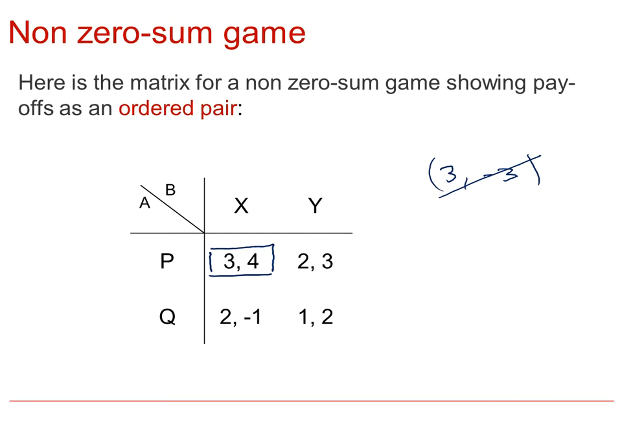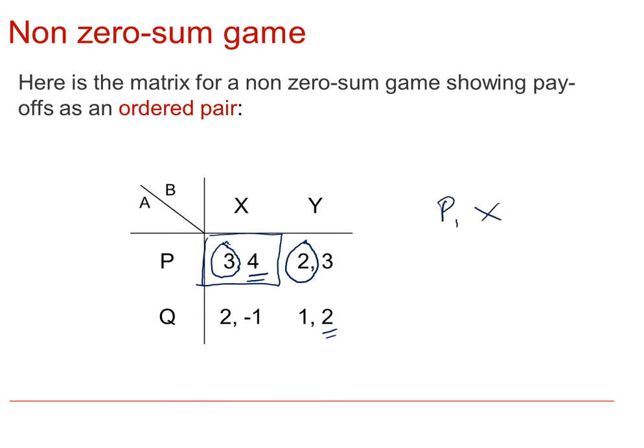So let's check for the Nash equilibrium. If A knows that B is going to play X, then they will choose to still play P. And if they know that B is going to play Y, they will also play P. If B knows that A is going to play strategy P, they will play X, and if they think that A is going to play strategy Q, they will play Y. Therefore we can see that we have a Nash equilibrium at the 3, 4 or the PX.